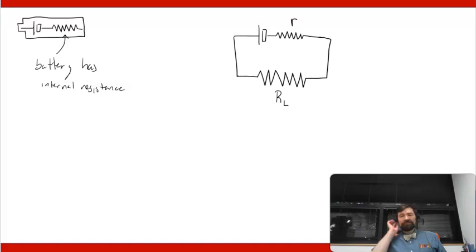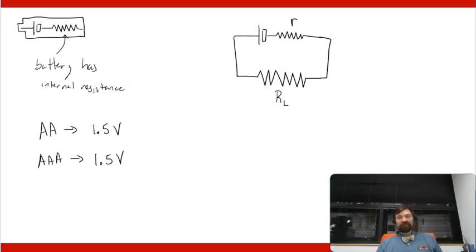Now, there are a few things that we might talk about with this battery. One is, what is it that the battery is actually supplying? If you pick up a double A or a triple A battery and look on the side of it, it says 1.5 volts.